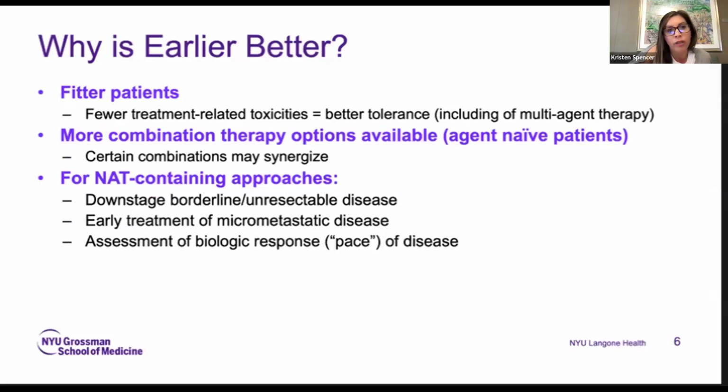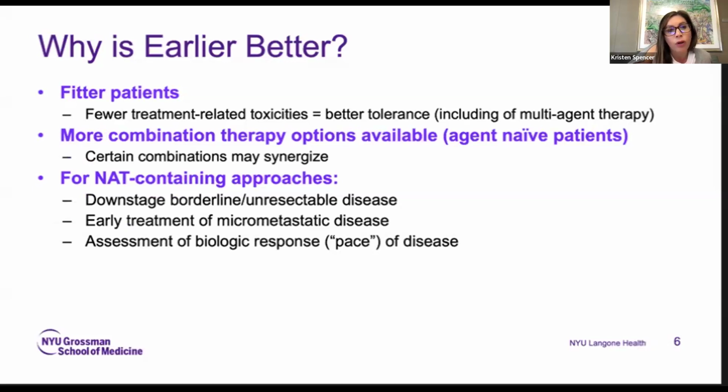They have fewer treatment-related toxicities, so theoretically, they're better able to tolerate novel therapies, including multi-agent therapies. We have more combination therapy options that might make sense in patients that have fewer prior therapy exposures, and many of these combination strategies might synergize better in this setting.